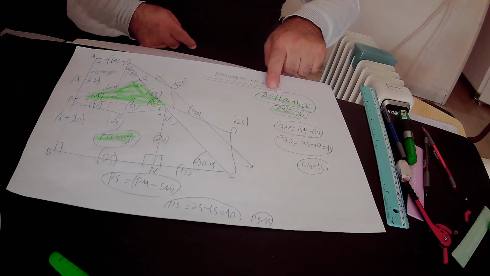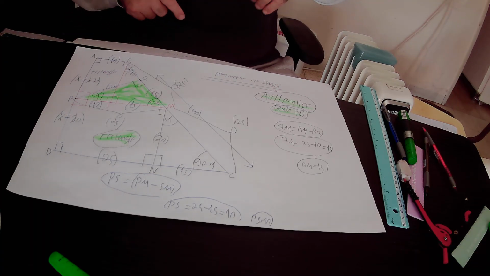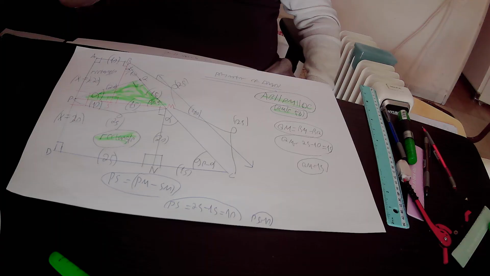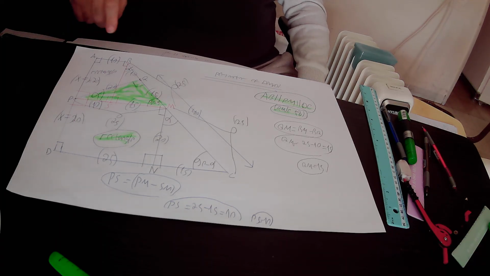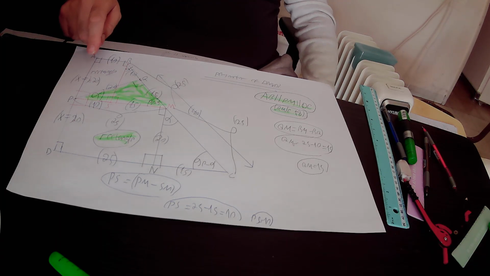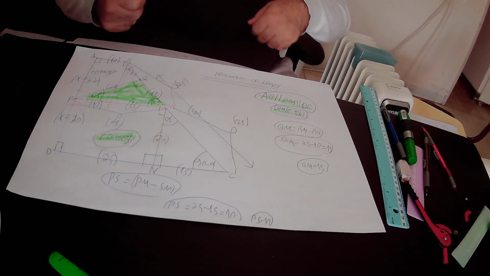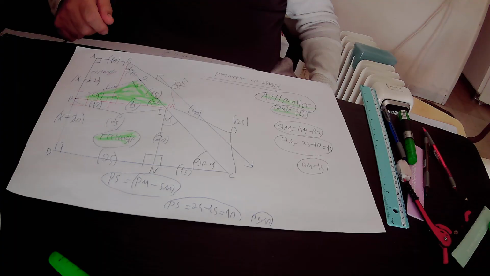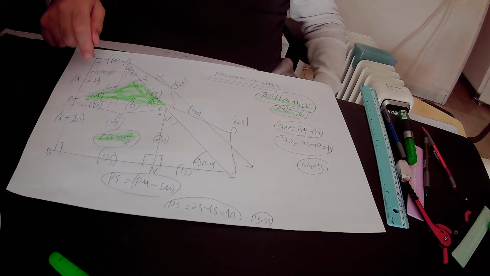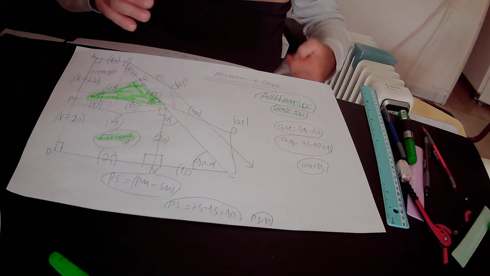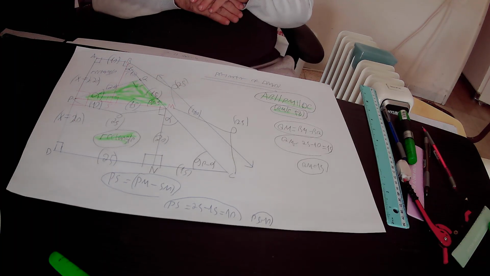Therefore, quadrilateral ABCD is a trapezoid. The two parallel bases, that is to say AB and DC, are defined as the bases of the trapezoid, and the two other sides that are not parallel to each other, that is to say AD and BC, are defined as the legs of the trapezoid ABCD.